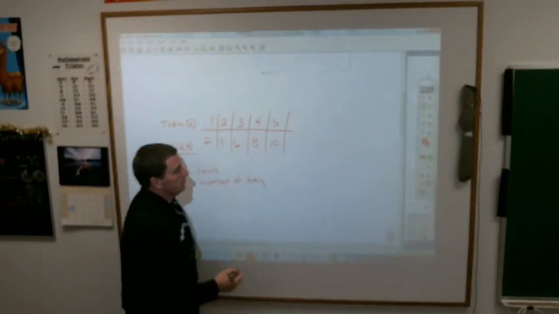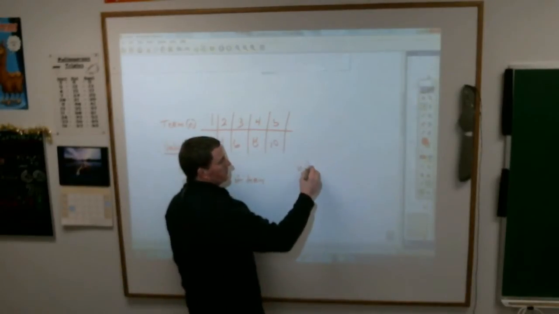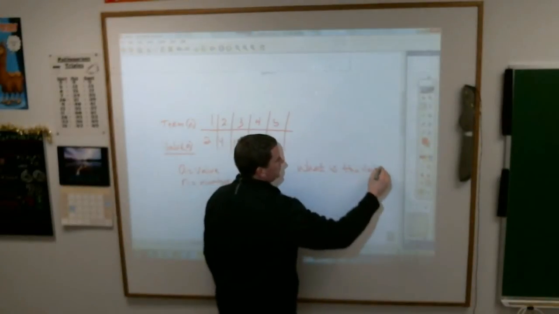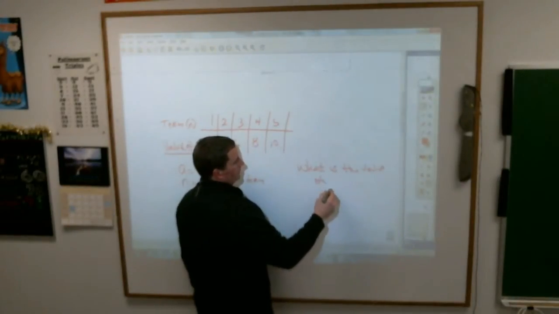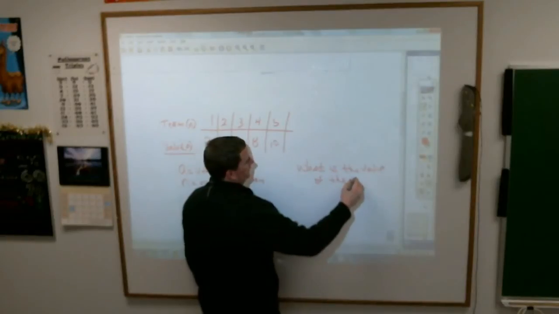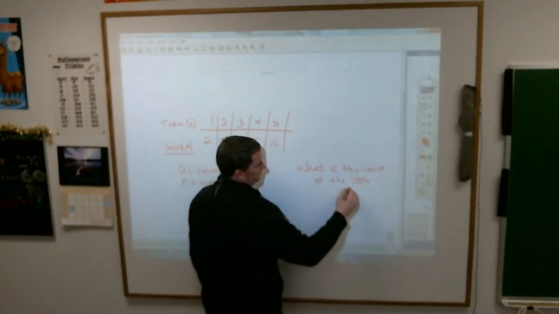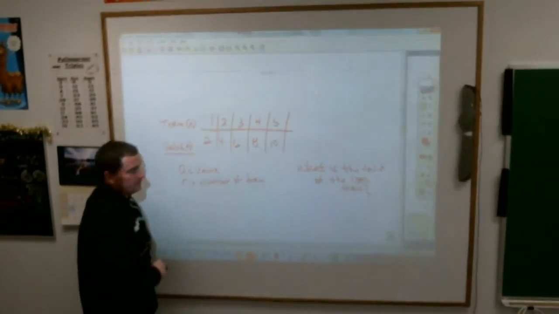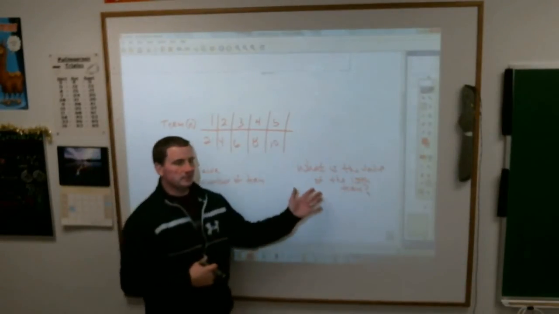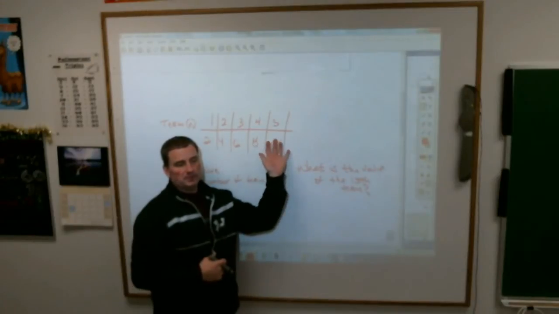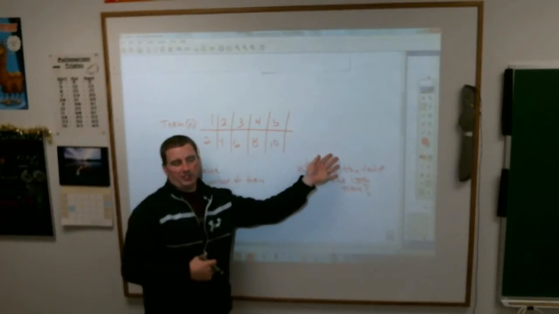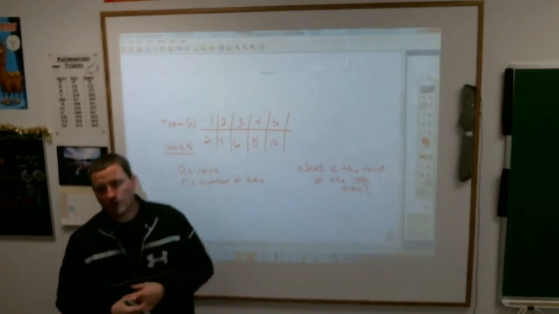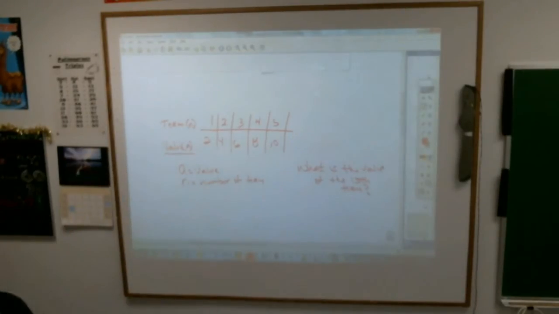Here was my question to you: what is the value of the 15th term? I want a formula that I can just plug that number into that'll tell me without me having to count. 15 wouldn't be so bad, but if I said 100 or 200, you don't want to sit there and count 100 times. What formula can we use to find that?